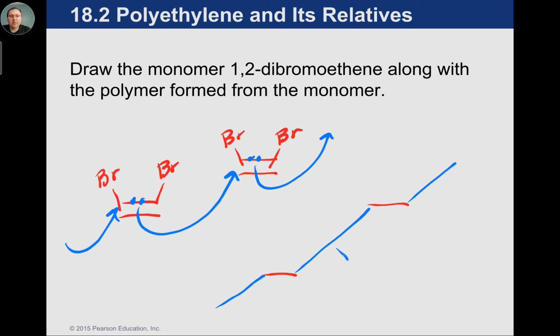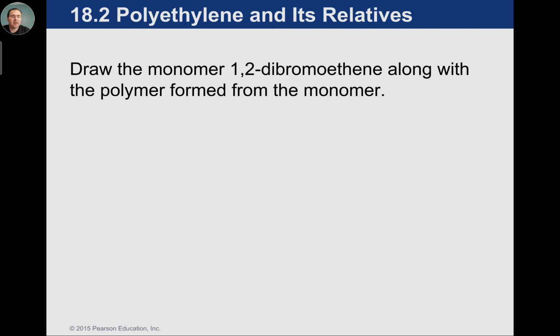So here's our new bond that holds the monomers together into a polymer, and then those red ones would have been the old bonds, and they too have those bromines still attached. So it's a very similar process to what we showed before. And this is the idea behind making monomers into polymers.